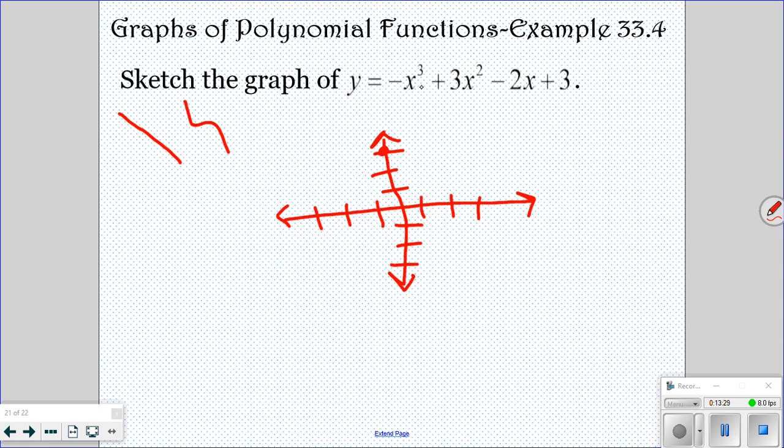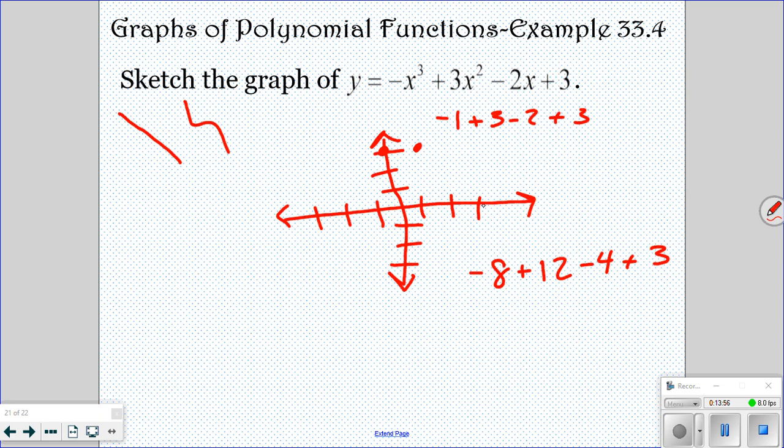Let's plug in 1. If we plugged in 1, we'd get negative 1 plus 3 minus 2 plus 3. So that would be 3. Let's plug in 2. If we plug in 2, that would be negative 8. 2 squared is 4 times 3 would be 12. Minus 4 plus 3.